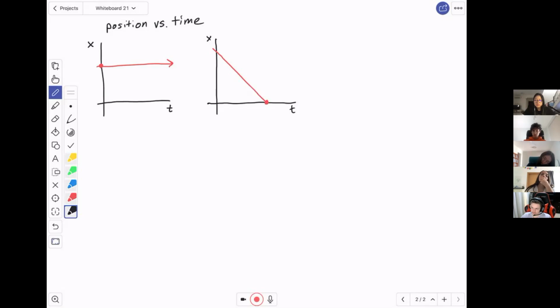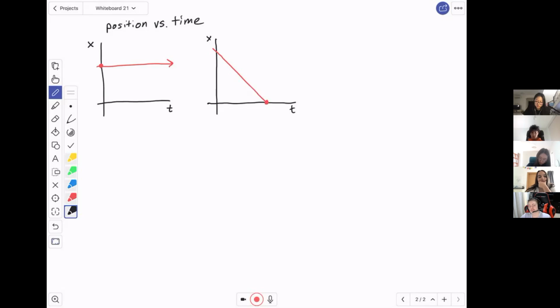Okay, so the graph tells us that x gets smaller over time. Good. I think it tells you the slope of the tangent line, and then it would tell you that your velocity and speed are negative. Okay, so velocity and speed are negative.